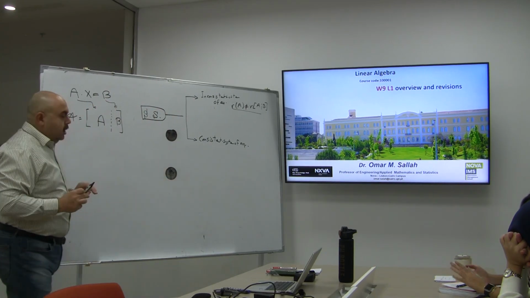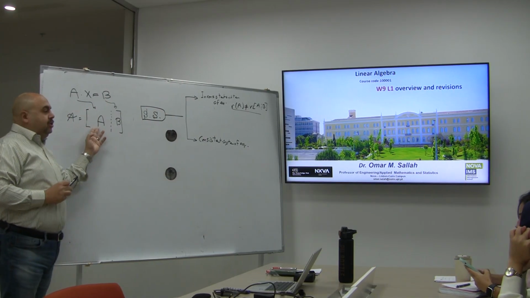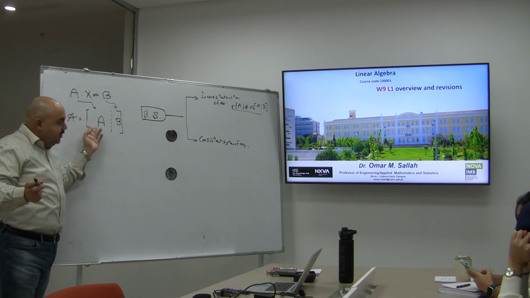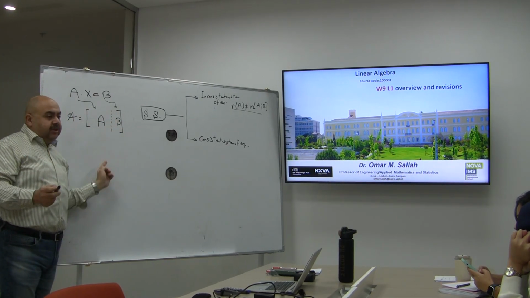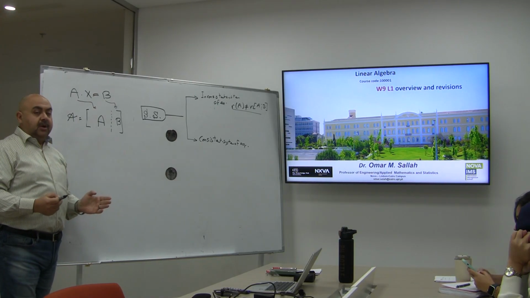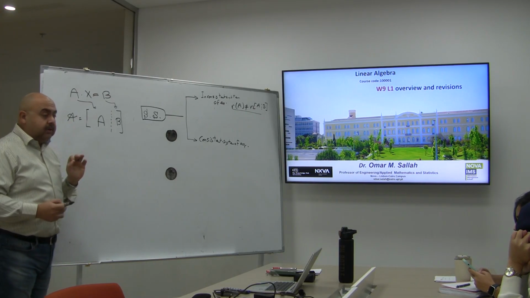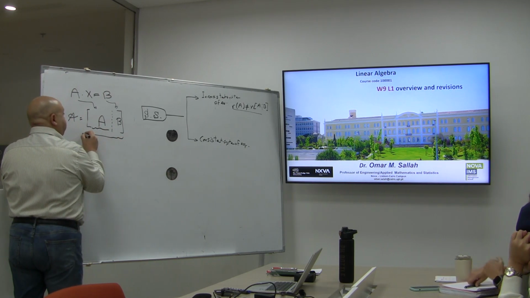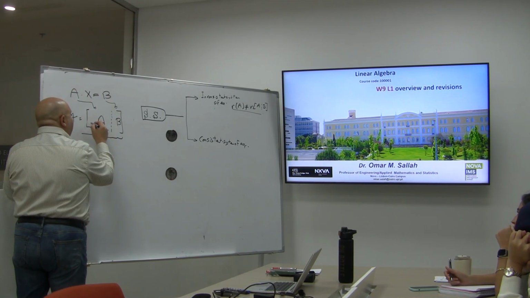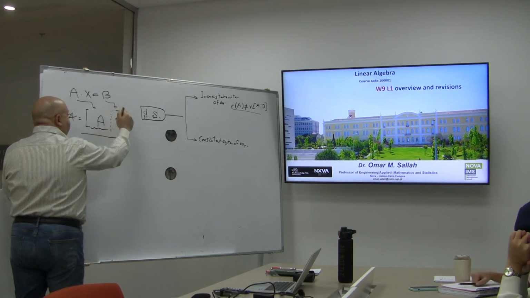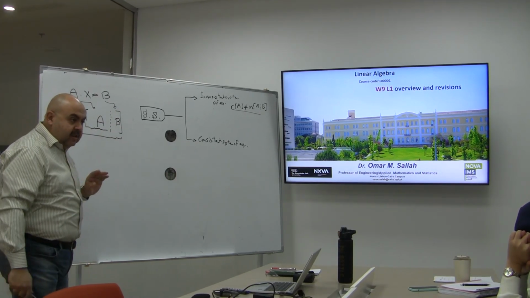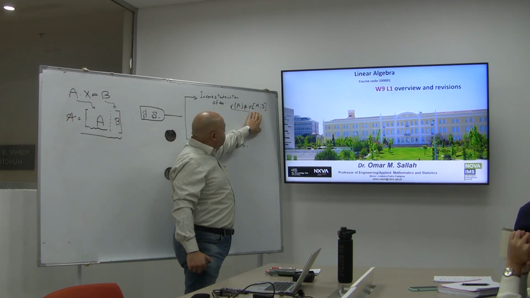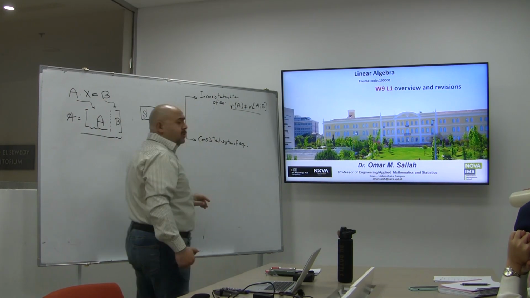Mainly, the rank of the smaller matrix in general will be less than the rank of the overall matrix. So this is really very important, okay? That's the coefficient matrix, and that's the augmented matrix. So you will have the rank of A is less than the rank of A and B. This is major. The rank of A doesn't equal the rank of the augmented matrix, you will have an inconsistent system.